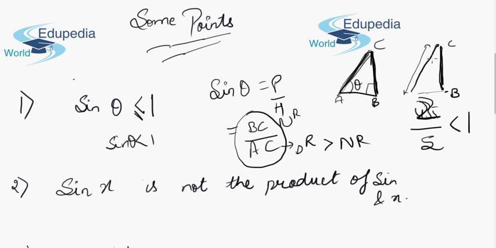Now at maximum, what can be the possible case? These two distances can be same, that is BC and AC are equal.